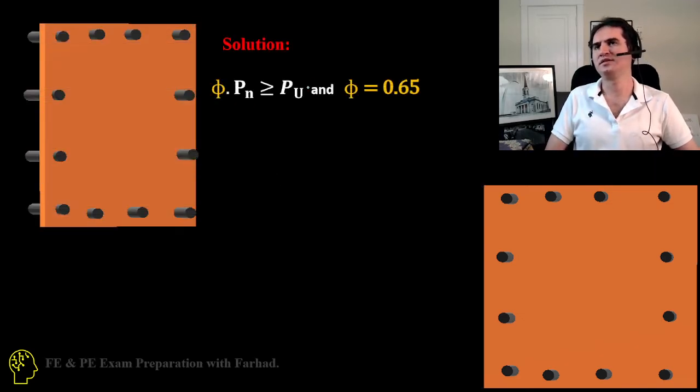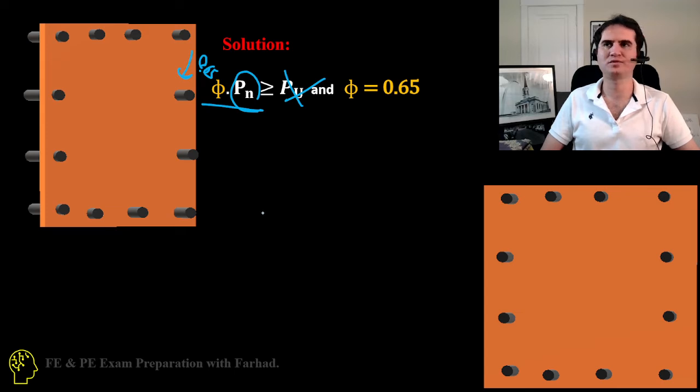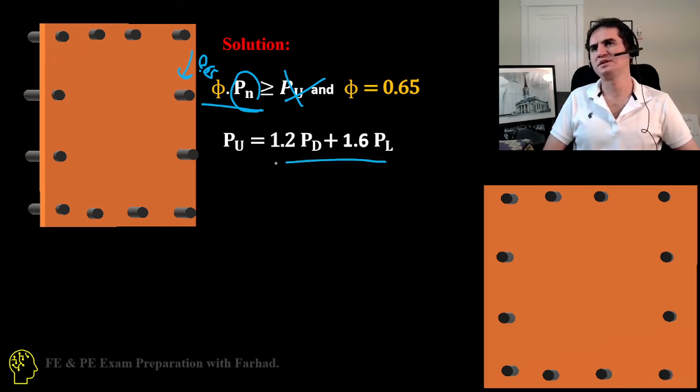Again, we do not need this part of the problem because as soon as we have phi, the resistance reduction factor of 0.65, times the nominal axial force, we can get the axial load capacity of the column.